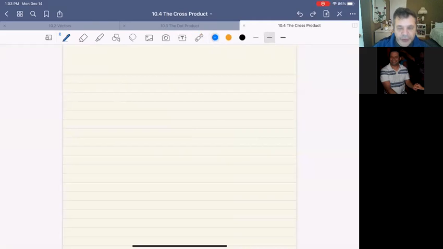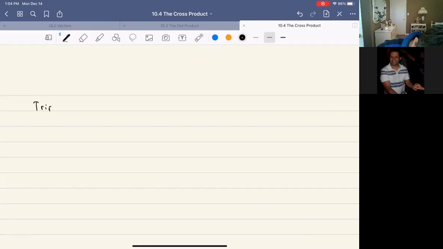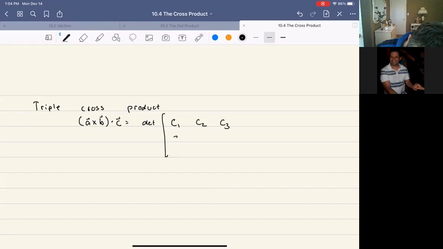We also have what's called the triple cross product. A cross B dotted with C, which actually comes out to be the determinant of C1, C2, C3, A1, A2, A3, B1, B2, B3.